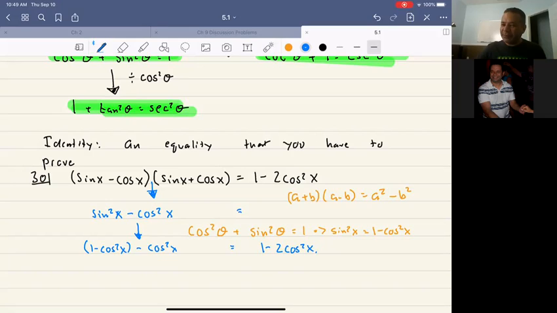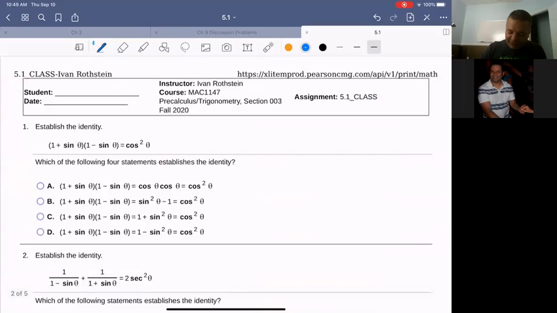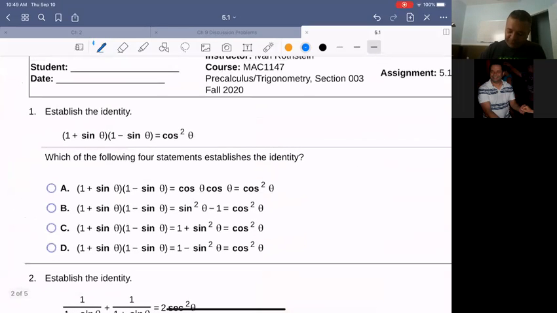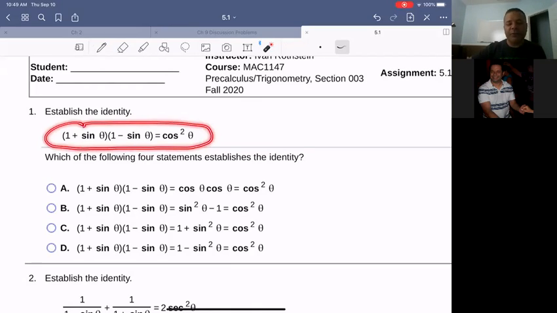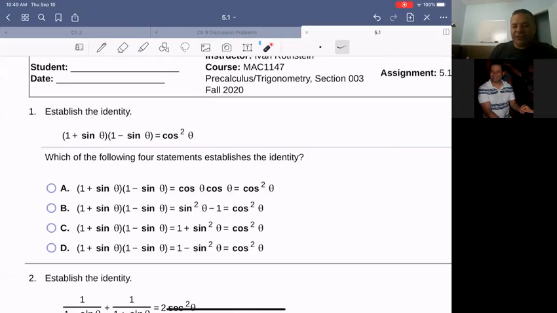So let me show you how a couple problems look in MyLabs Plus. Similar. Okay, so real quick, let's take a look. 1 plus sine of theta times 1 minus sine of theta. How are we going to do this? So we're going to take a look at each answer and ask, does this give us the right thing?